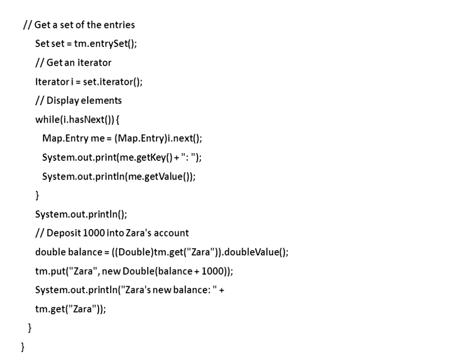Then we have displayed those values, and again 1000 is added in the balance of Zara, and Zara's new balance is printed. Can you tell me what will be the output of the same program if we are using TREEMAP to implement it?